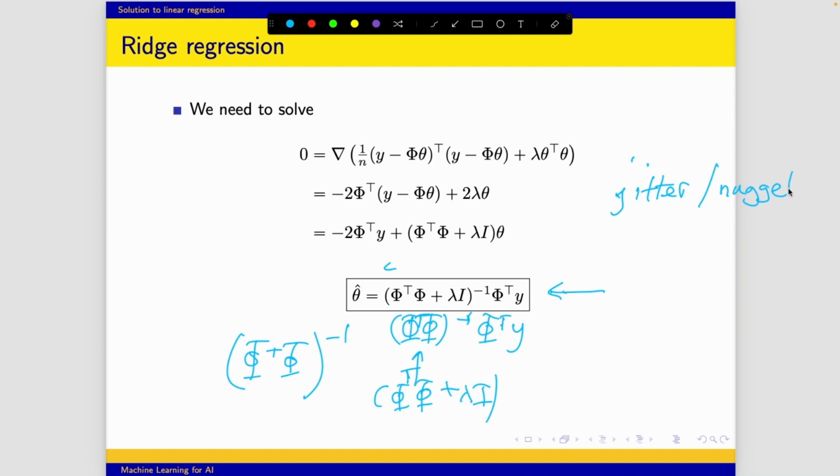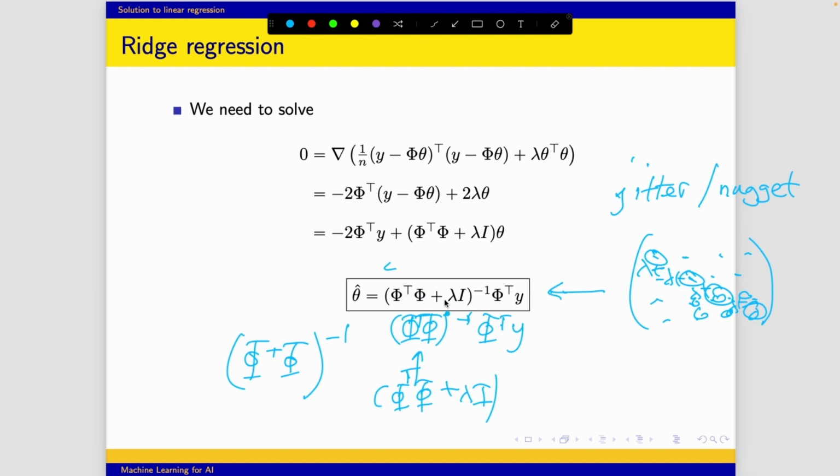So this is a square matrix, a 4 by 4, n by n matrix. Adding a jitter or nugget means adding something along the diagonal, basically some lambda plus lambda plus lambda. So it makes it more like an identity matrix, in other words.